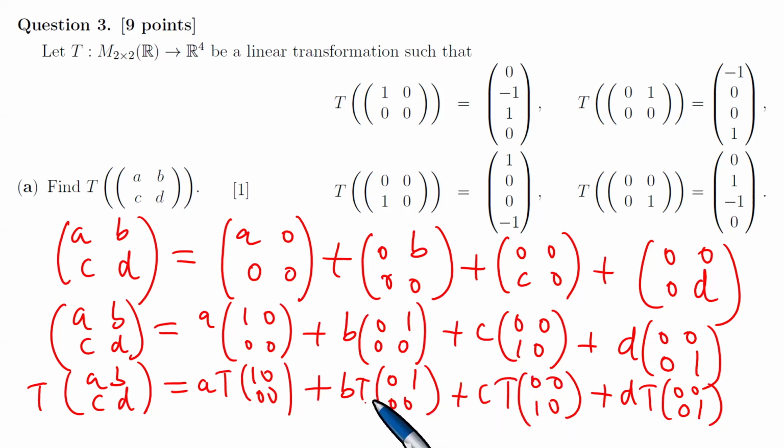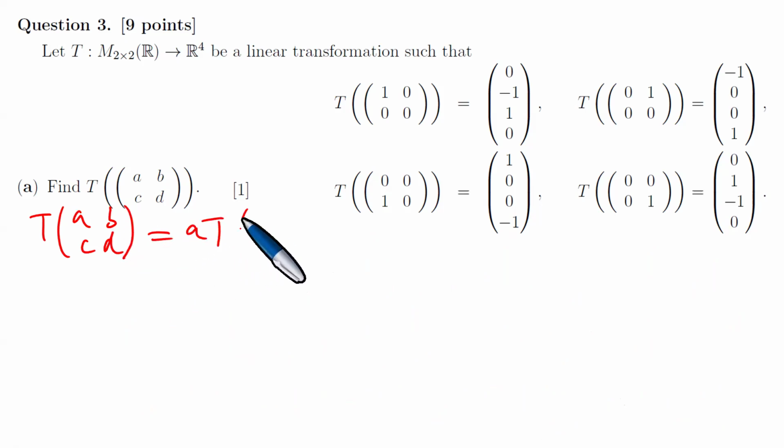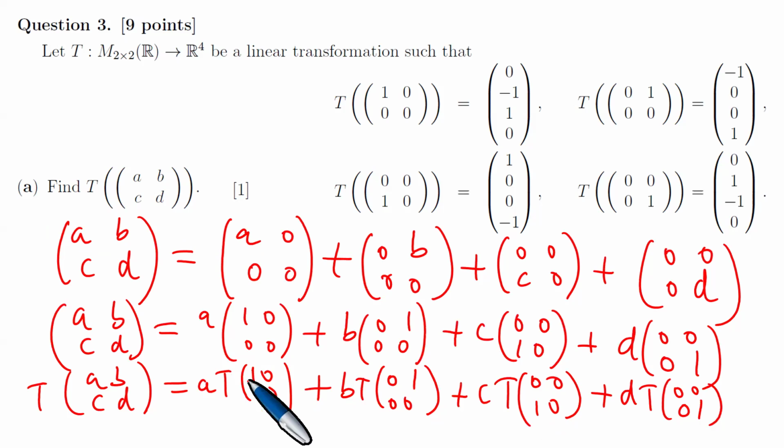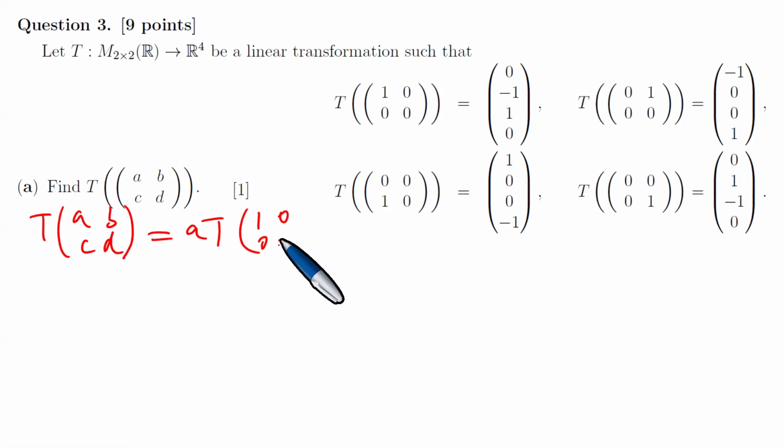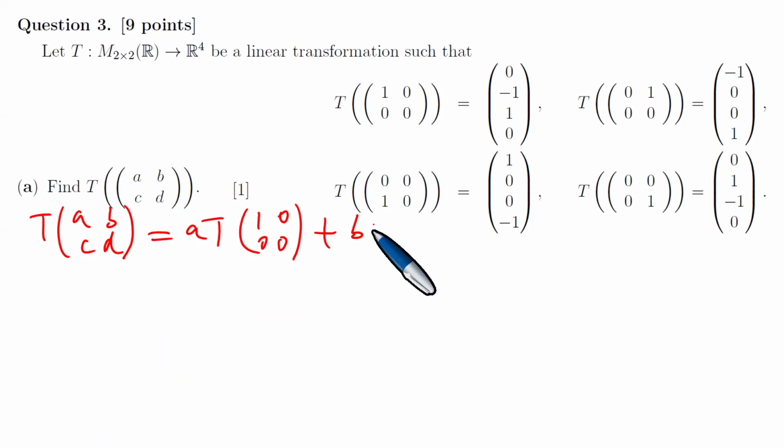But what then do we do with this? We actually proceed to simplify this. And we then have been able to obtain T of A, B, C, D, which is A T of the 1, 0, 0, 0. We have B, so we continue with the T of B. What is B?